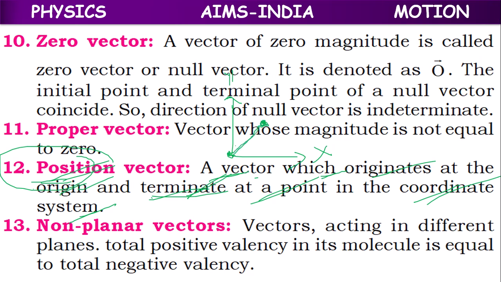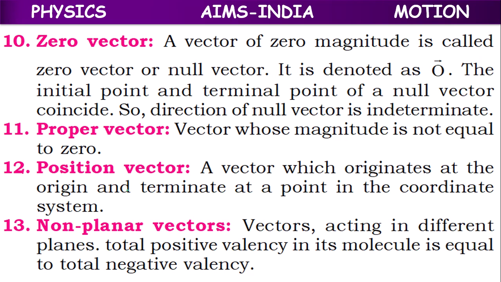So this length will tell the position of that vector in the coordinate system. That's why it is called a position vector.